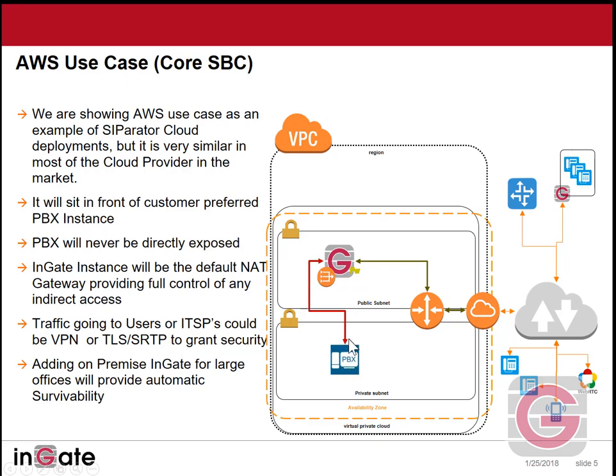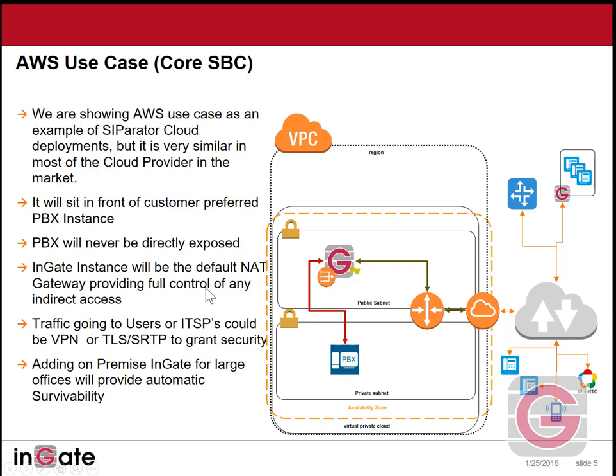This is the one that is going to facilitate the connectivity between the PBX and the external world. That way, anything that goes in or out from the PBX will have to go through the session border controller, in this case, through the separator.